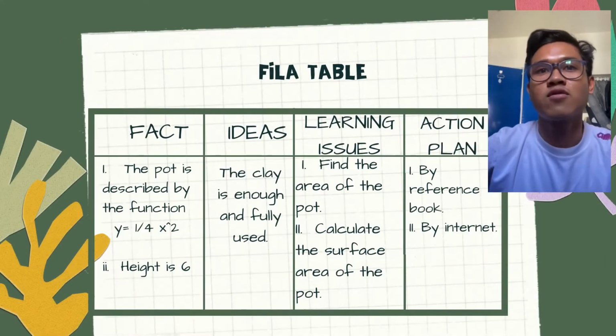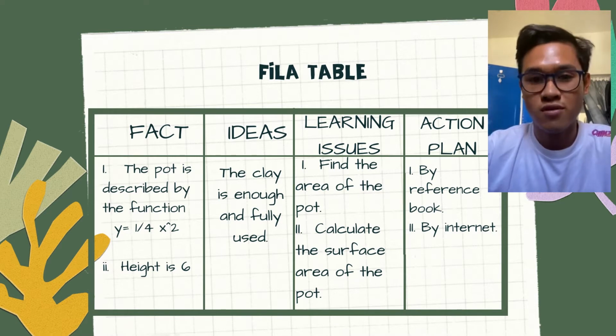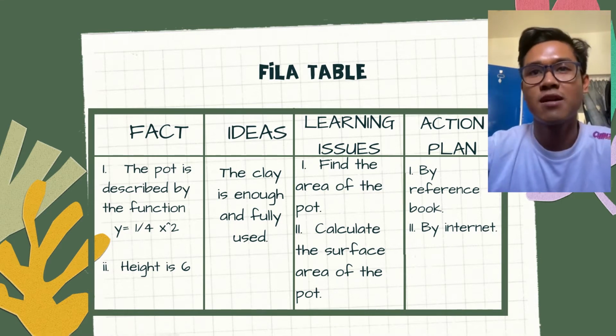Okay, next I want to present about a filler table. The filler table is divided into 4 parts. It's a fact, idea, learning issue and action plan. First, the fact. The fact, the pot is described by the function y equals 1/4 x squared. Then its height is equal to 6. Its idea, the clay is fully used.